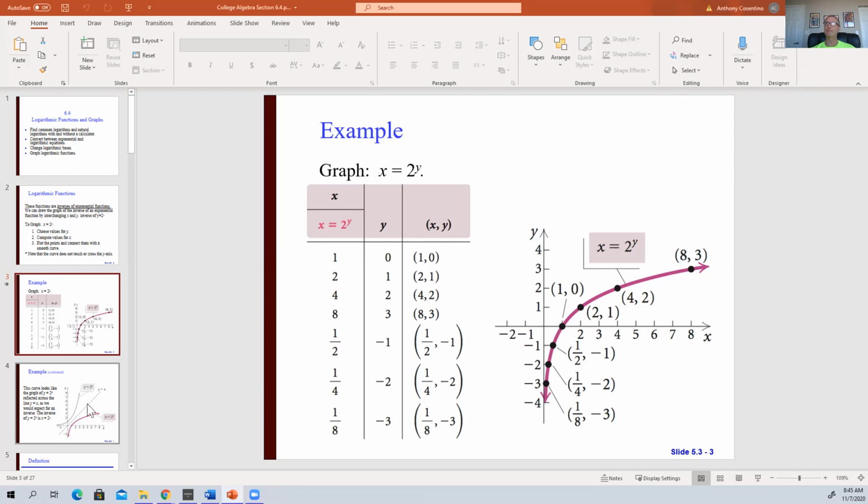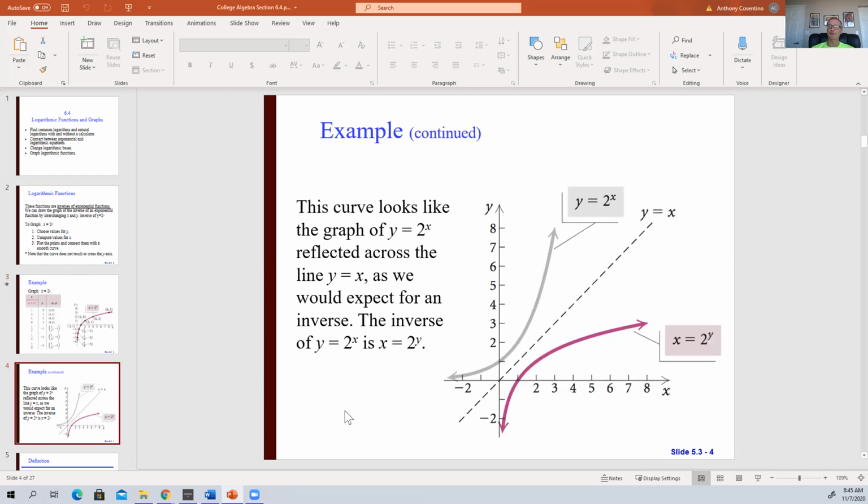A very important graph is this one here, where you can see that this is what we mean by inverse. The gray is our original exponential function, and the red is our log function. And you could see that the reflection around the identity of y equals x is indicated there with regards to that dotted line.